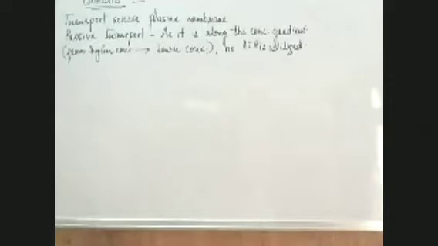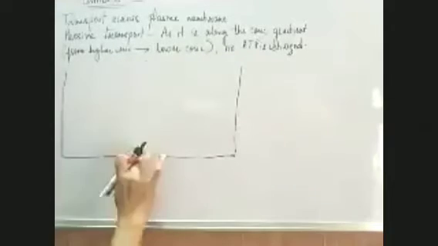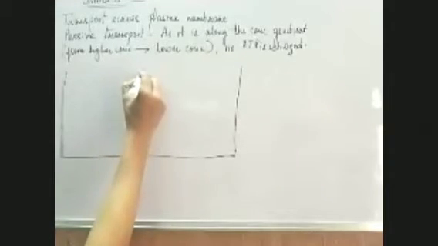Now, yesterday when I was discussing osmosis, I made a diagram of a tumbler that is divided. These are the two compartments, divided by a semi-permeable membrane.